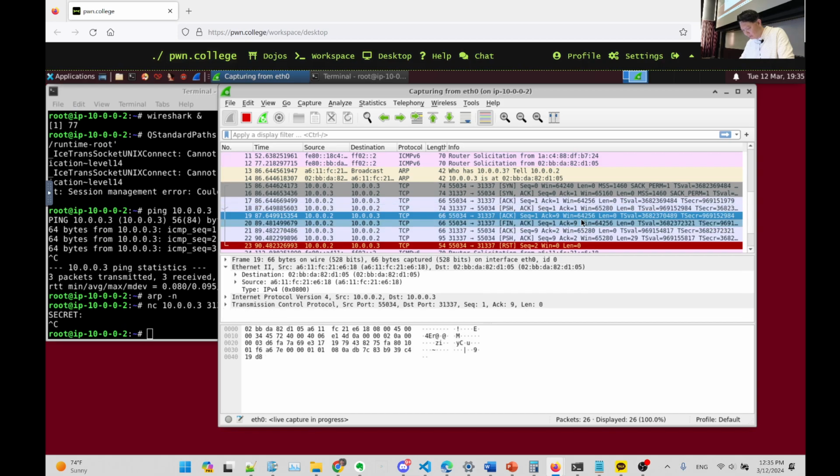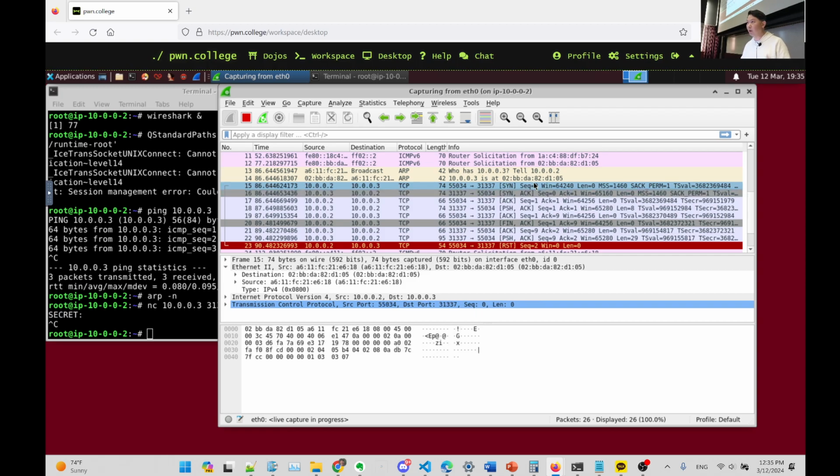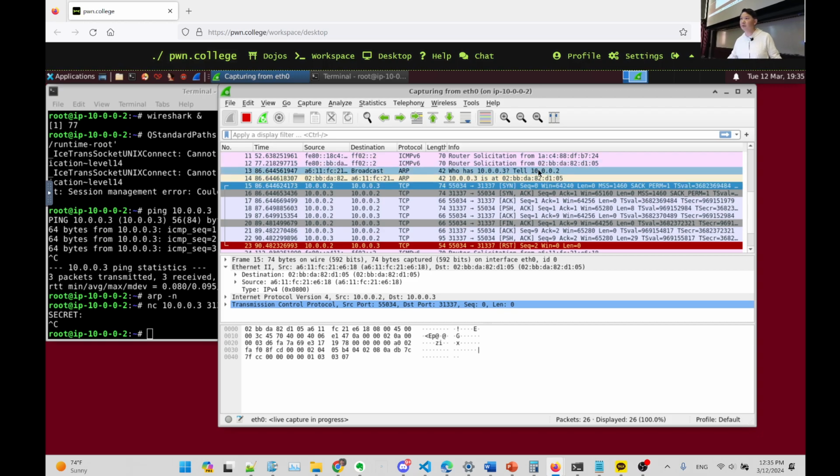Okay. So we can check this mechanism. First the ARP request and response, and then the three-way handshake. After that, the data transmission. So you need to understand this setup process to analyze the connections and predict the sequence numbers.